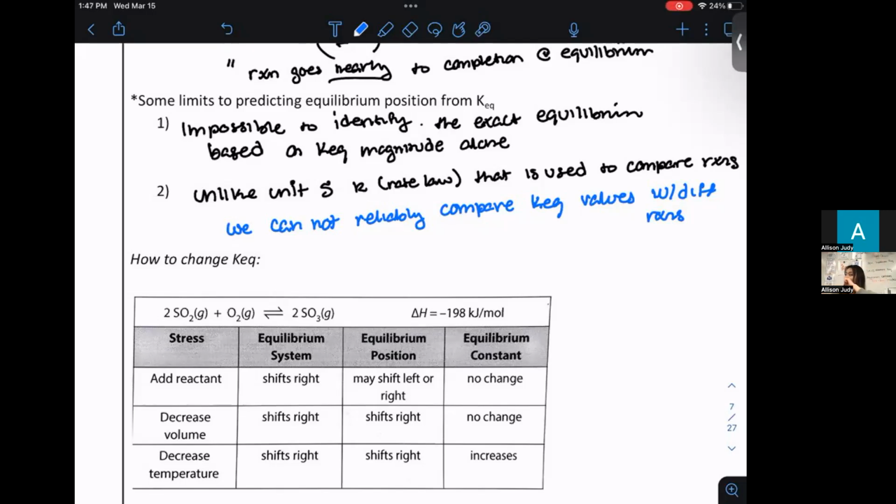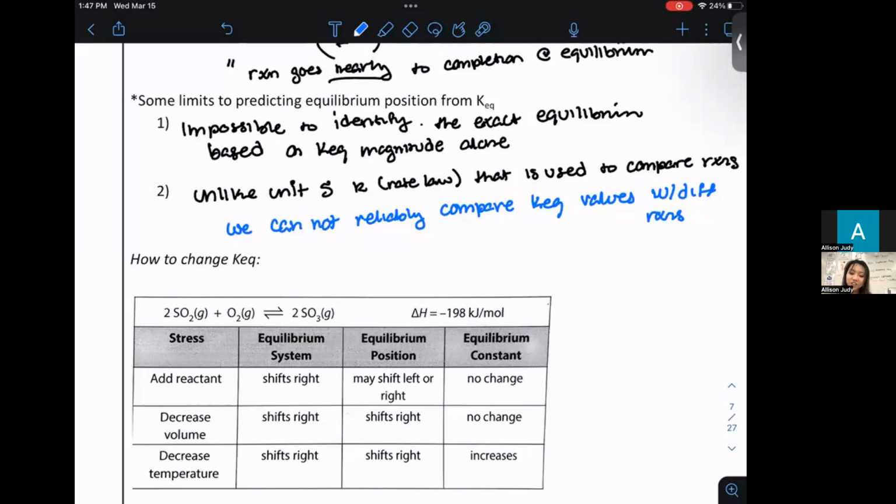So with big K, you can compare two different beakers of the same reaction, and you can identify at what point in finding equilibrium they are. What do you mean by compare? Like I am faster than you, you are faster than me? Doesn't the equilibrium constant refer more to relative amounts? Exactly. That's why we're saying we really can't use it that way.